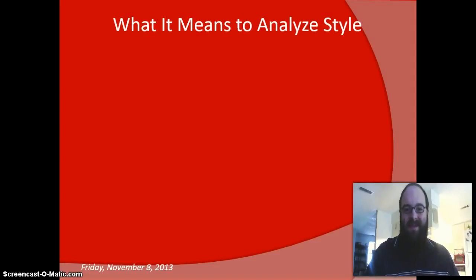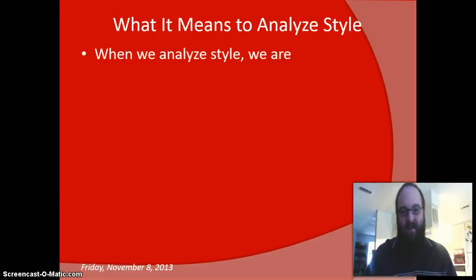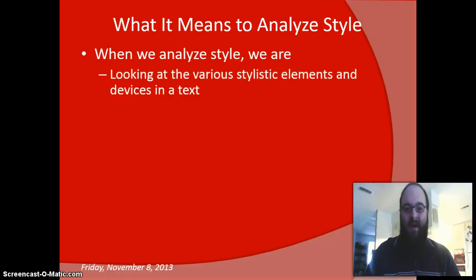First of all, what does it mean to analyze style? We've talked at length in class and in a previous video about what it means to analyze a text, but what does it mean to analyze a text's style? Well, essentially, when we analyze style, we're looking at the various stylistic elements and devices in a text. And by elements and devices, I'm talking about all of those devices, those structures that you're taught starting in 6th or 7th grade.